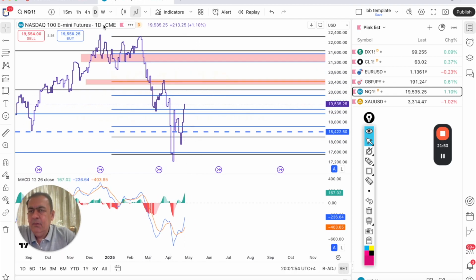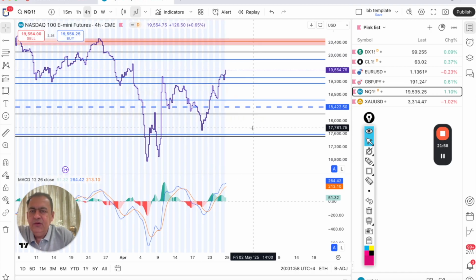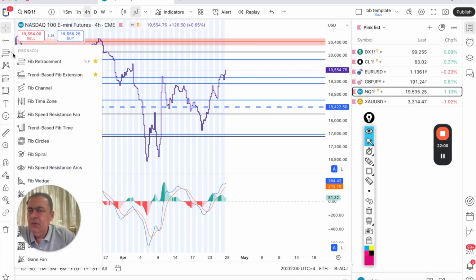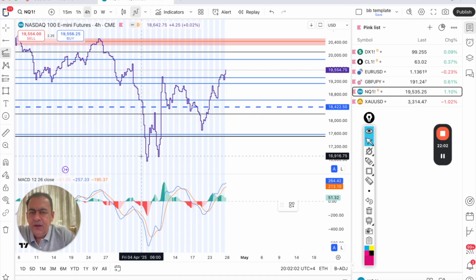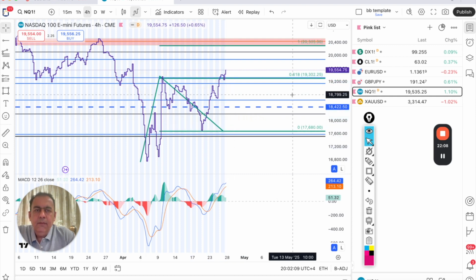That's it. I'm moving to 4H, and on the 4-hourly frame, I'm going to use a bullish fib extension. So I'll start from the lowest, connect with the first high and the higher low, and the first magnet, first confluence is coming around 20,305.